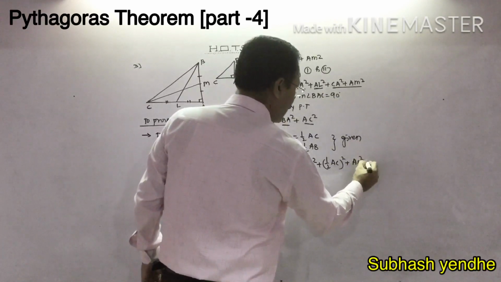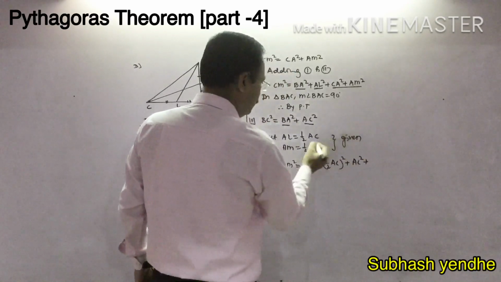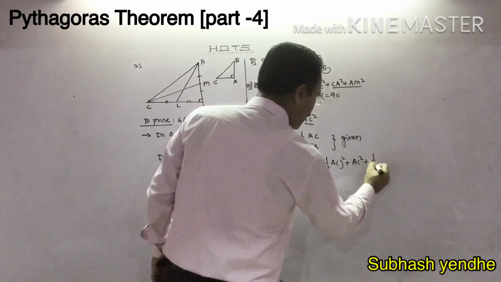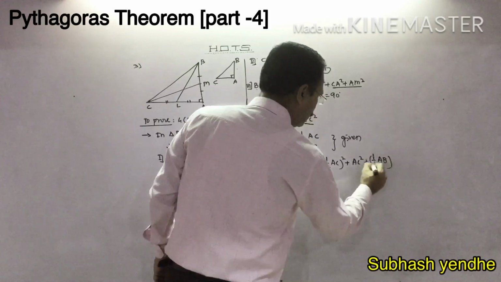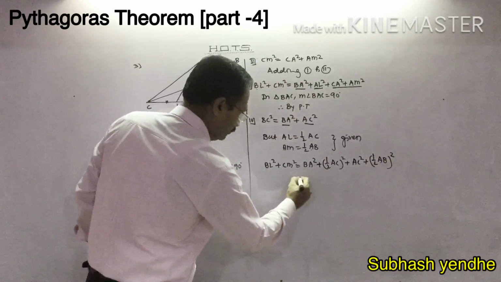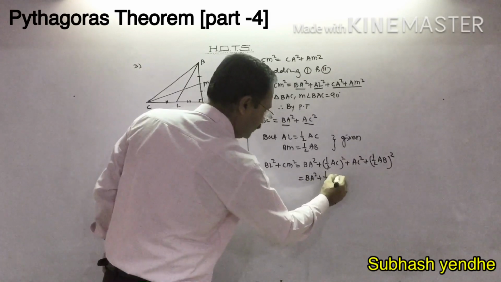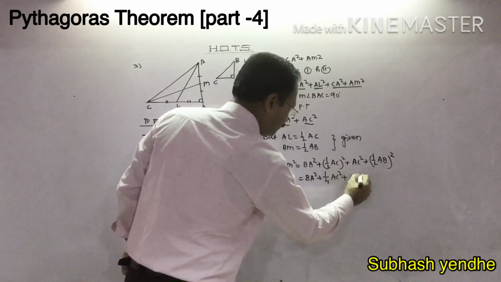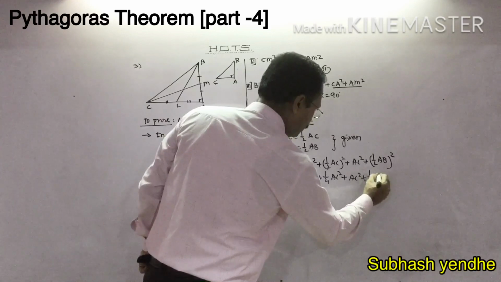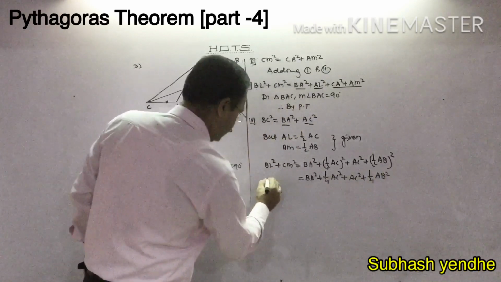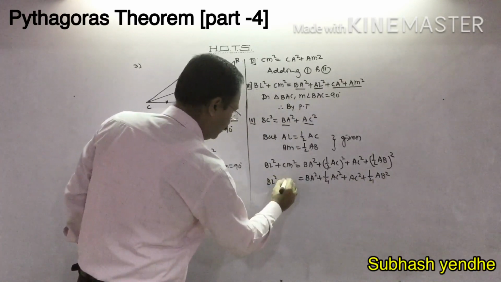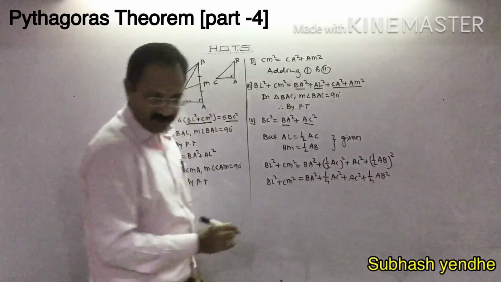So it will be as it is. And instead of AM, you have to write half AB, the whole square. So you will get BA square plus 1 upon 4 AC square plus AC square plus 1 upon 4 AB square. So you get this equation.